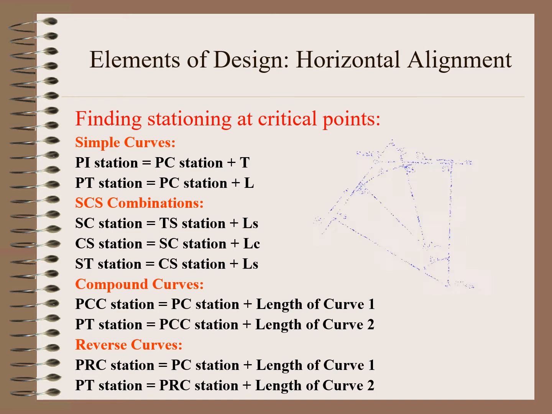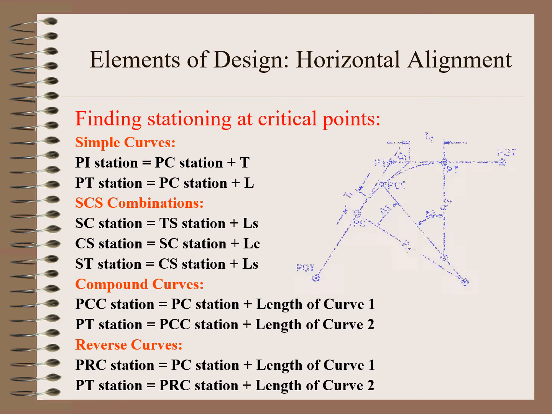In the spiral-curve-spiral combination, the SC station is the TS station plus the entry length of the spiral. The CS station is the SC station plus the length of the central curve. The ST station equals the CS station plus the exit length of spiral.